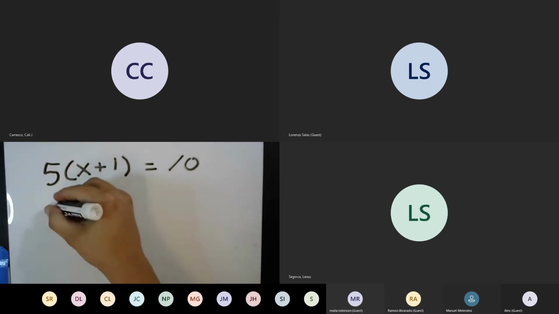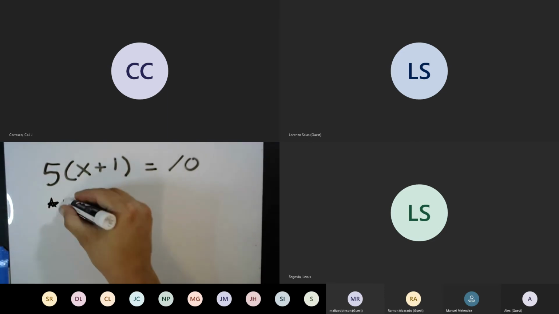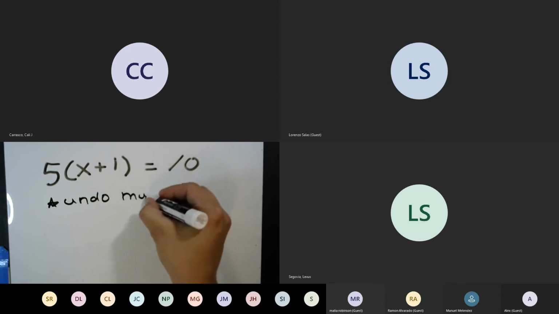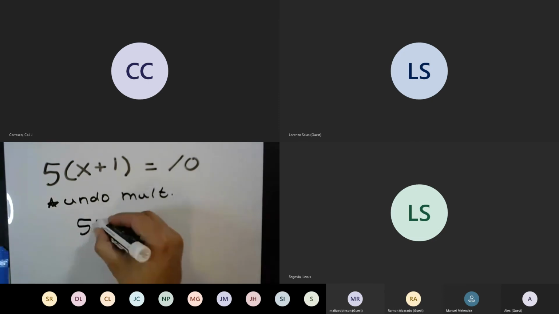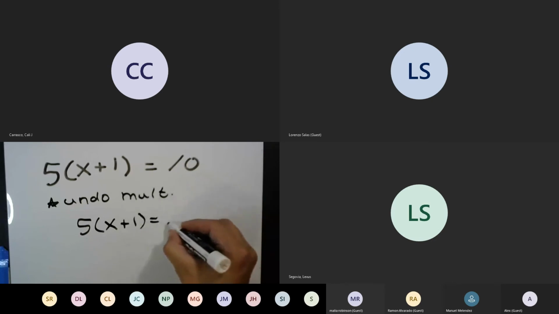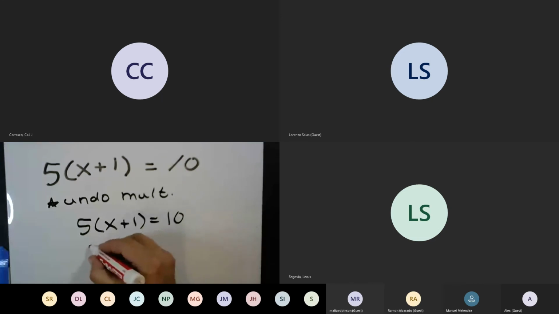So first, we'll undo the multiplication. So we can divide both sides by 5.